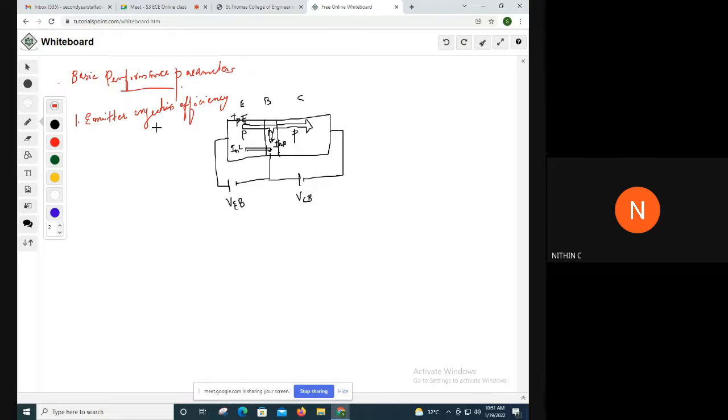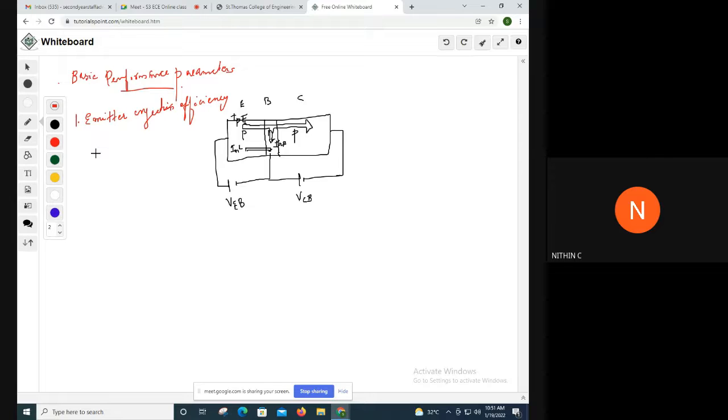So what will be that emitter injection efficiency? That will be the effectiveness of injecting charge carriers from emitter to base rather than from base to emitter. There should be more effectiveness in that direction, for the emitter region to emit charge carriers. We commonly call it charge carriers because it need not always be holes. If you are considering an NPN transistor, it will be electrons.